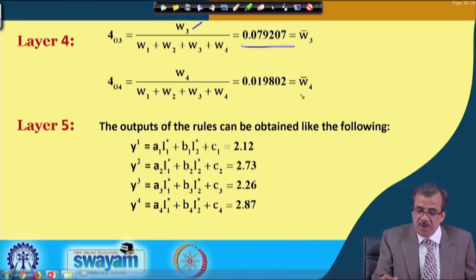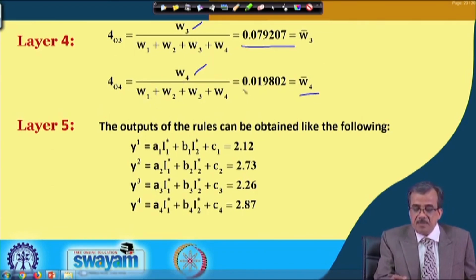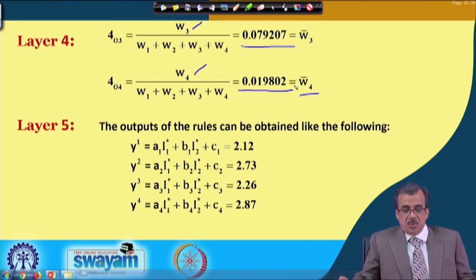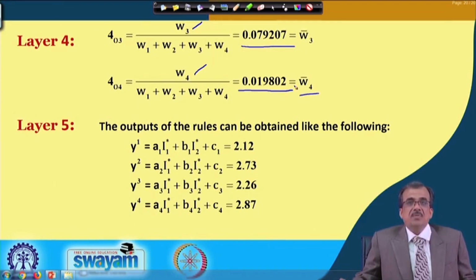Similarly, W4 bar is nothing but W4 divided by the sum of all W values, and after substituting the numerical values, we can calculate the W4 bar is nothing but 0.019802. Now, we have got all the normalized firing strength values.